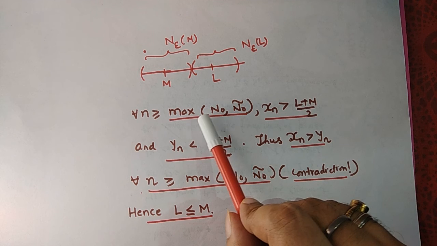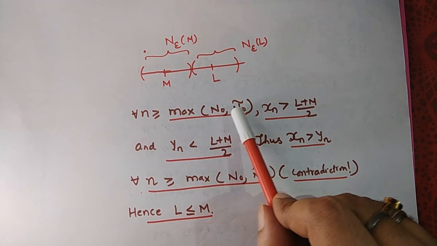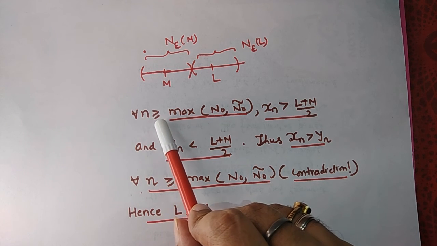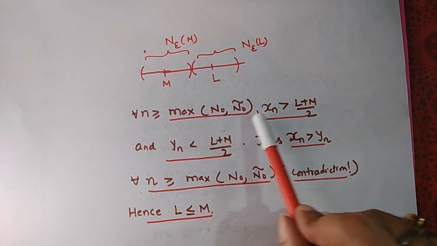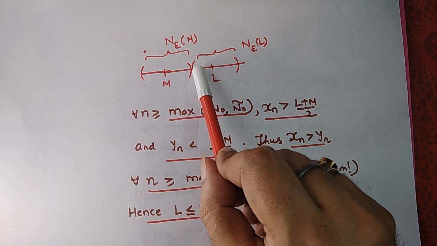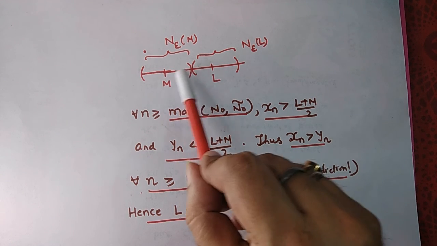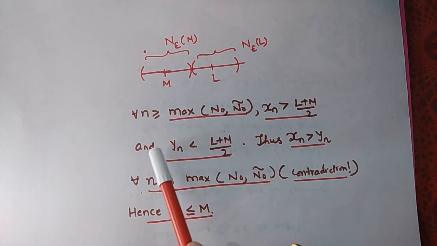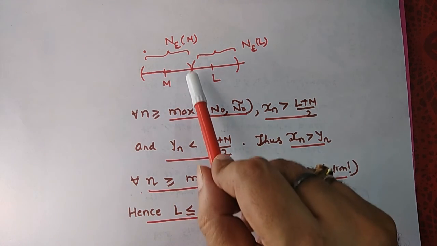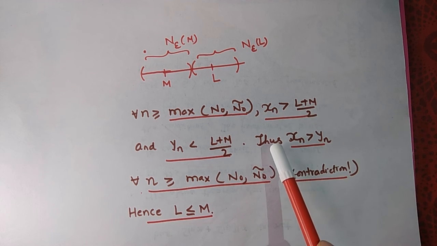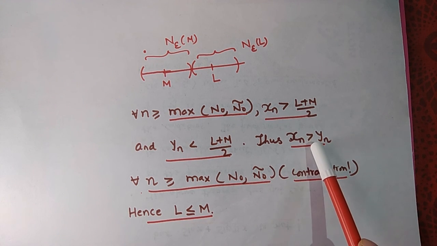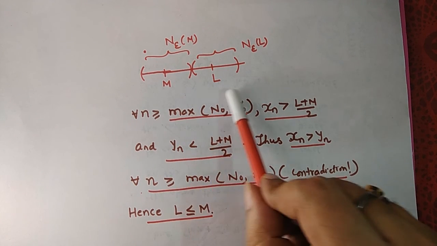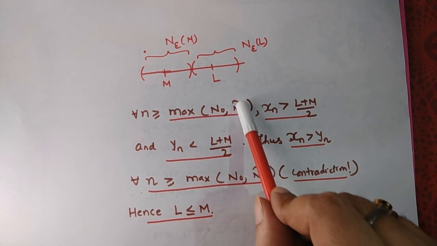If we take the maximum of n naught and n naught tilde, then we can conclude that for all n greater than equal to this maximum, xn is greater than L plus M by 2, which is the midpoint of L and M, and yn is less than L plus M by 2, which means that xn is strictly bigger than yn for all n greater than equal to maximum of n naught and n naught tilde.